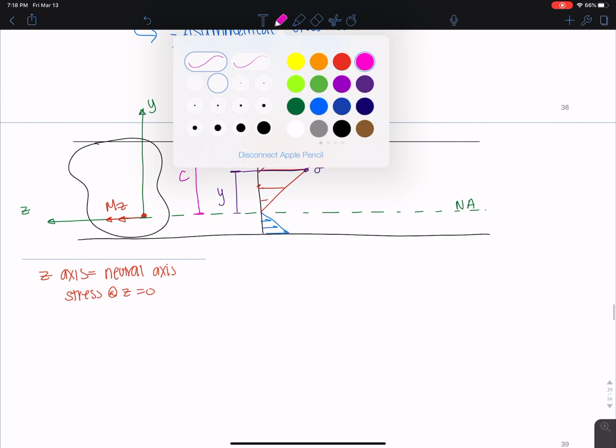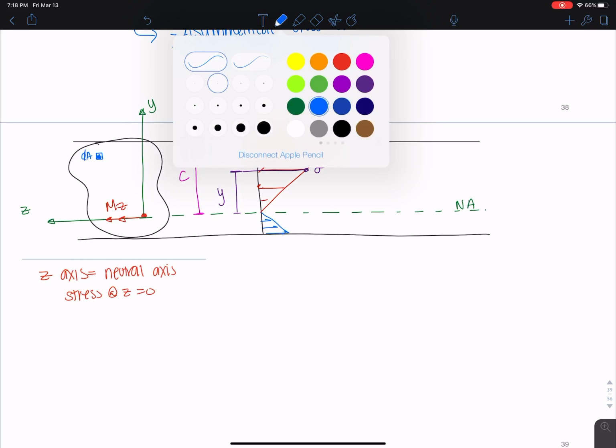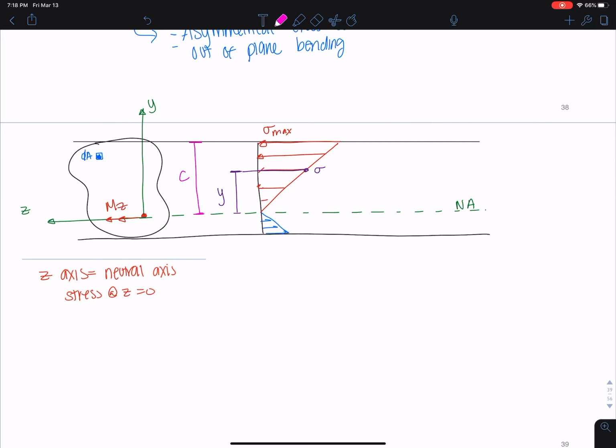And we can again isolate some small area called dA that acts some value z away and has some coordinate y, okay?